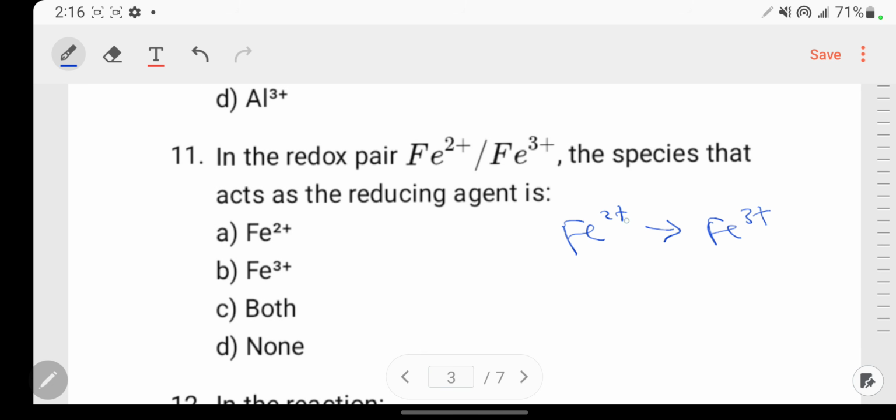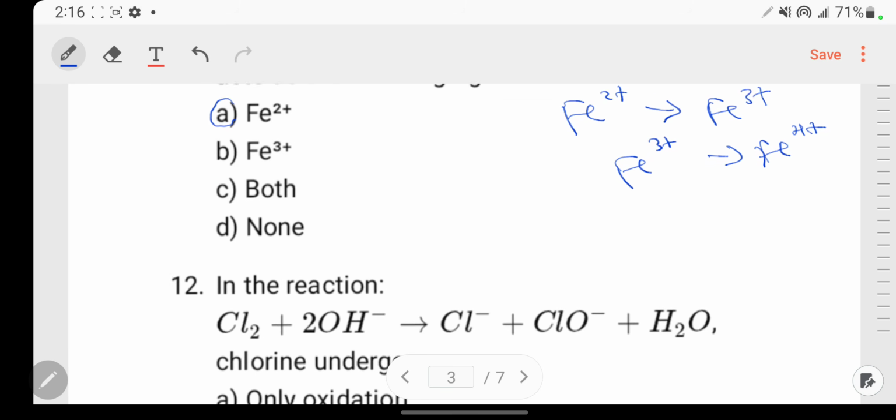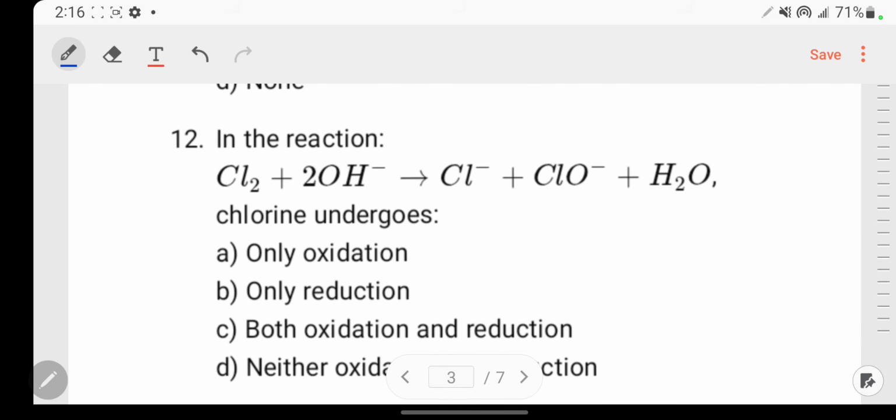That means the number has increased, meaning it's the reducing agent. But how about Fe3 positive? Can it become Fe4 positive? Certainly not. So the one that will act as a reducing agent is Fe2 positive, because it can become Fe3 positive by the loss of 1 electron. So the reducing agent is our A. Let's look at question 12.